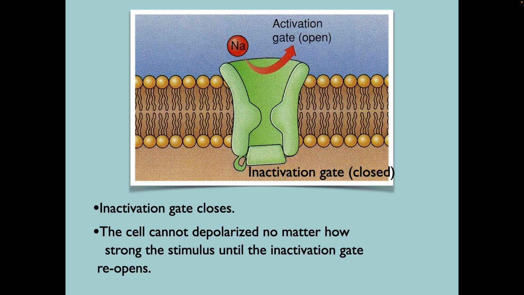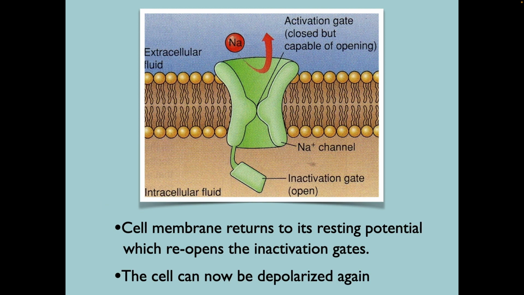And not only that, no amount of electricity is going to unplug that plug. So even if the cell is hit with a ton of electricity, it's not going to affect this, and sodium will not be able to go in, so the cell will not depolarize. Then eventually the cell returns to its resting potential. This opens, this closes. Now it's ready to be depolarized. All set to go. We're back at resting potential.